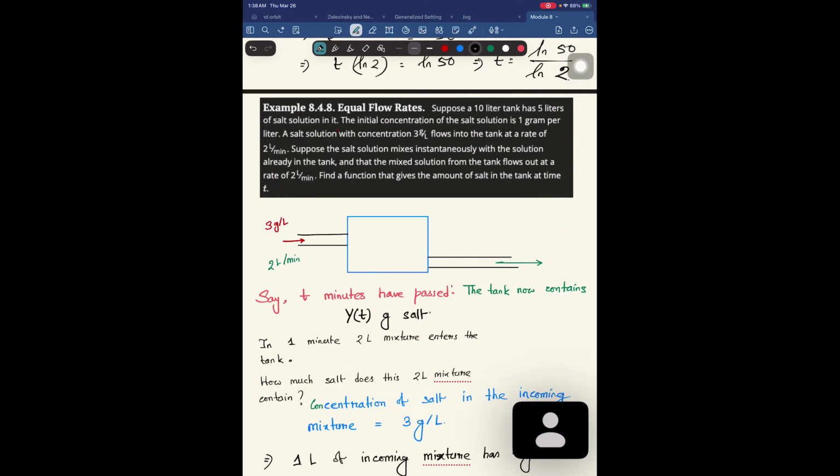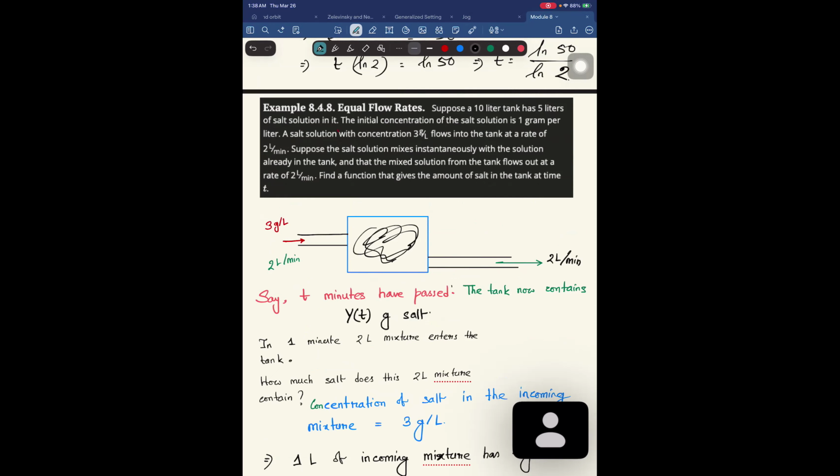Also notice that in a minute, 2 liter mixture is coming in. Also 2 liter mixture is going out. So the net volume of mixture in this tank is unchanged, right?